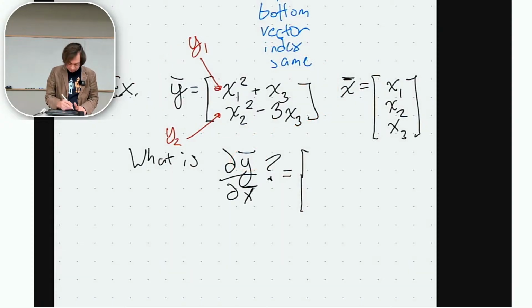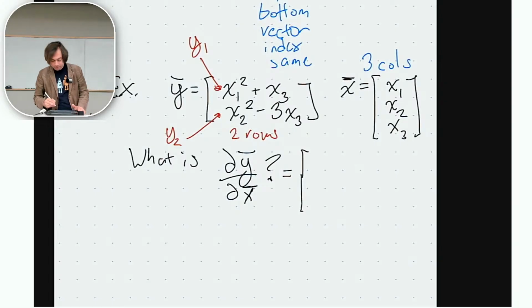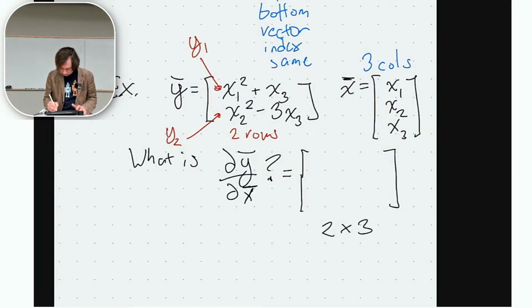And it's going to have how many columns, friends? 3 columns. So we would call it a 2 by 3. And the level of linear algebra we're working with right now is just knowing what rows and columns are. Good.